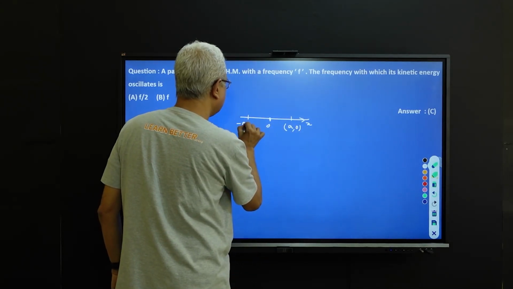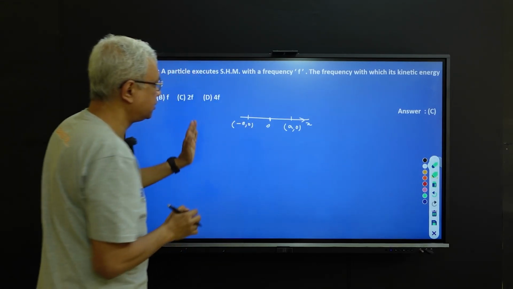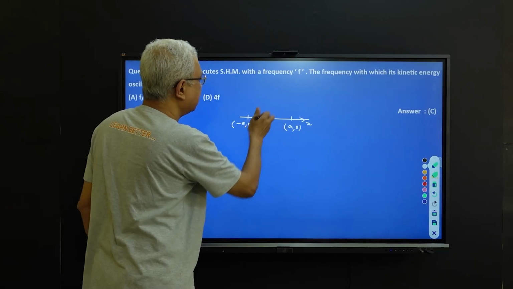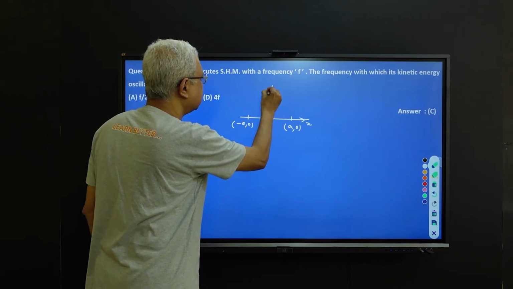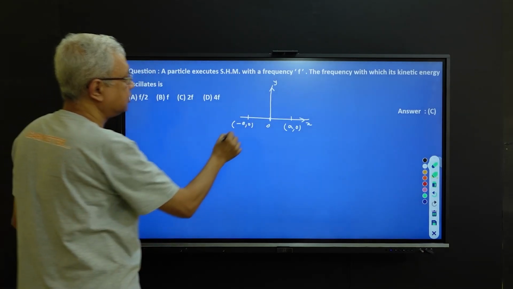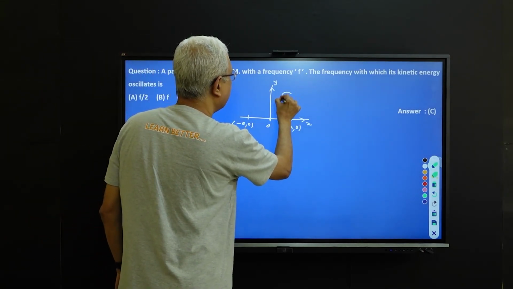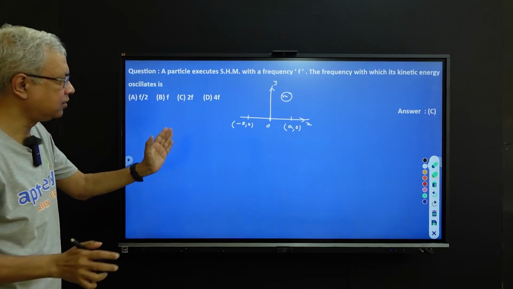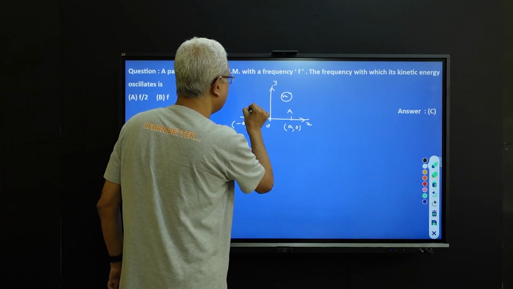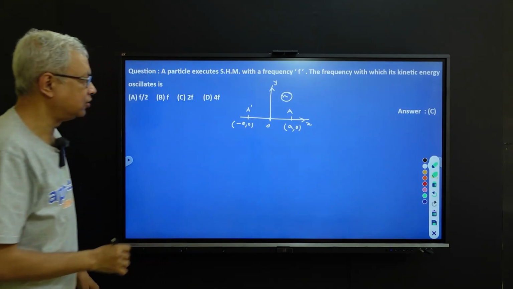So it oscillates between 2 points. This point is x equal to a. This is the x-axis, this is the y-axis. Mass is m, and it is oscillating between 2 points a and a dash, whose coordinates are a, 0 and negative a, 0.